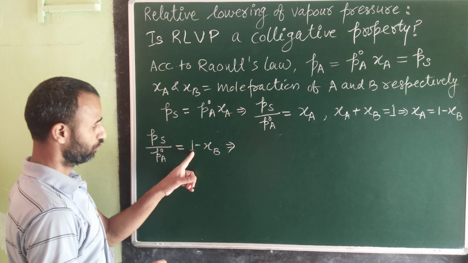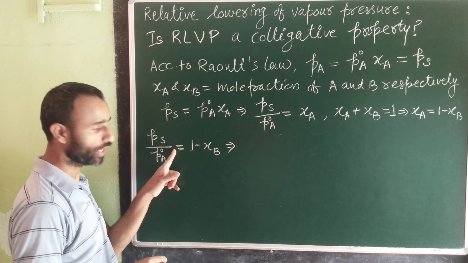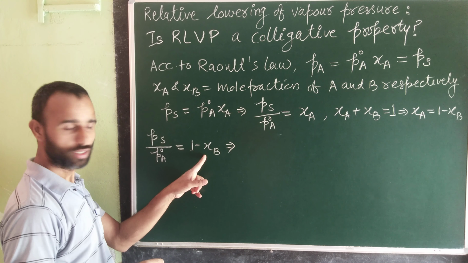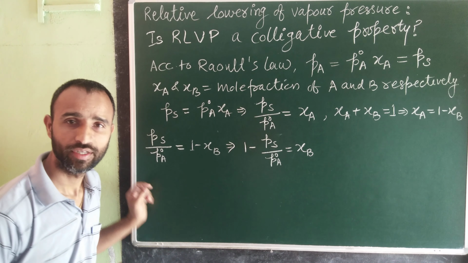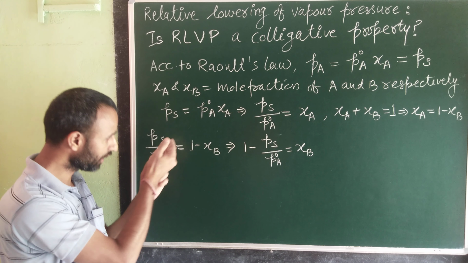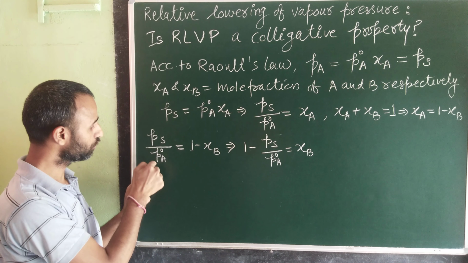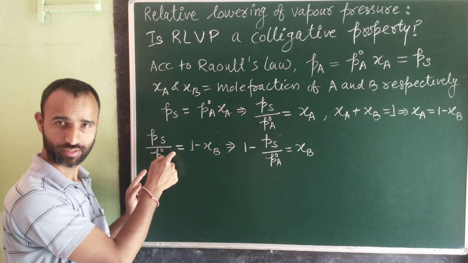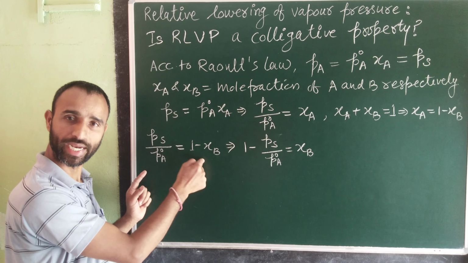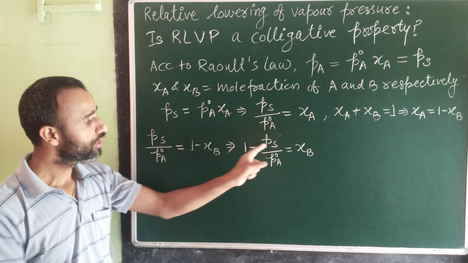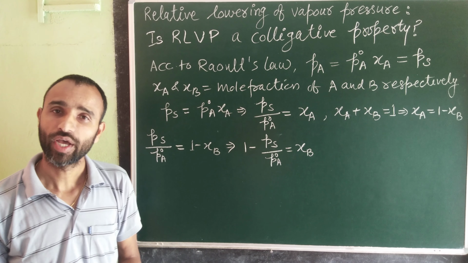That implies 1 on this side minus 1, it is minus XB. So to cancel this minus, it becomes 1 minus PS over P naught A equal to XB. Got it? First we take 1 on this side, so it becomes PS over P naught A minus 1 is equal to minus XB. Then multiply by minus 1 on both sides, so it becomes 1 minus PS over P naught A equal to XB.